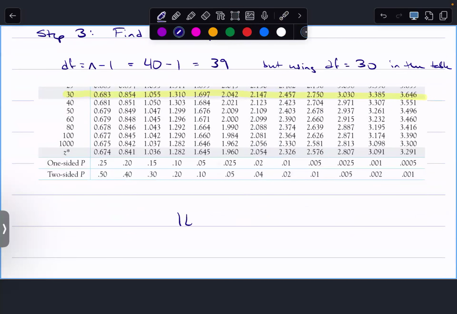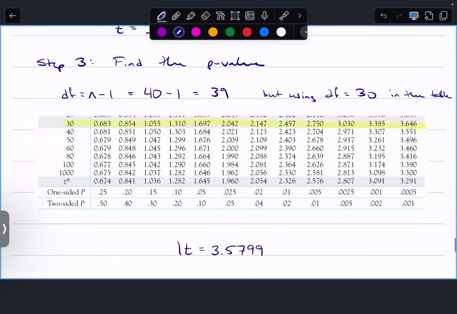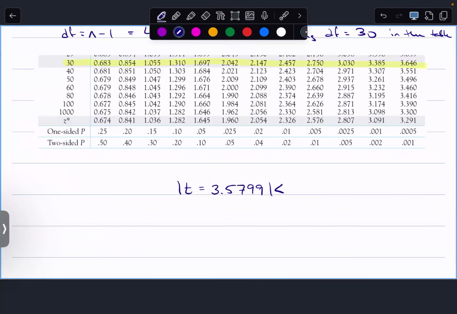I put it in the middle, wrapped up in absolute value brackets, just so I can always do the same thing. 3.5799. And on the 30 degrees of freedom line, I move out to 3.5. Oof, close. This is somewhere between 3.385 and 3.646.